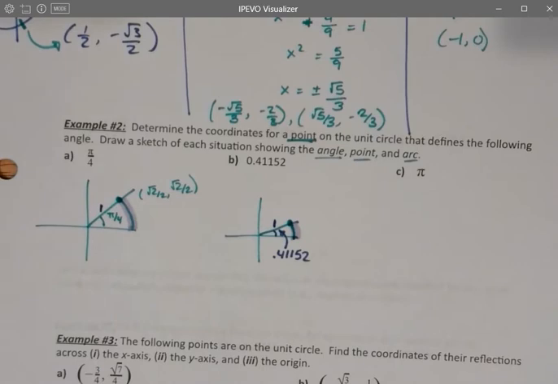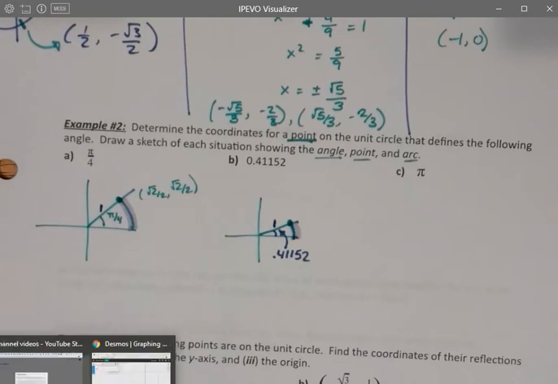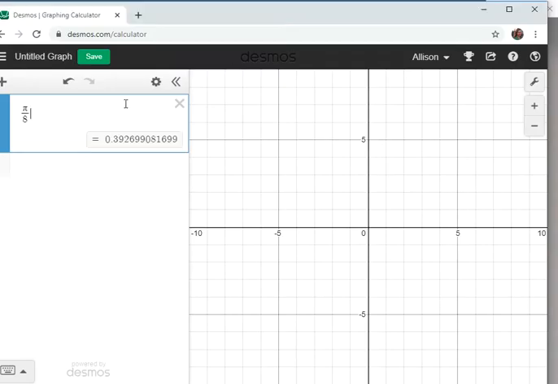All right, now I need to figure out what the x and y coordinates are. So I'm going to find the sine and cosine of that angle to get the ordered pair. I can't do this in the unit circle, so I'm going to grab my calculator again, and let's do the cosine first, since that's the x coordinate. So the cosine of 0.41152.